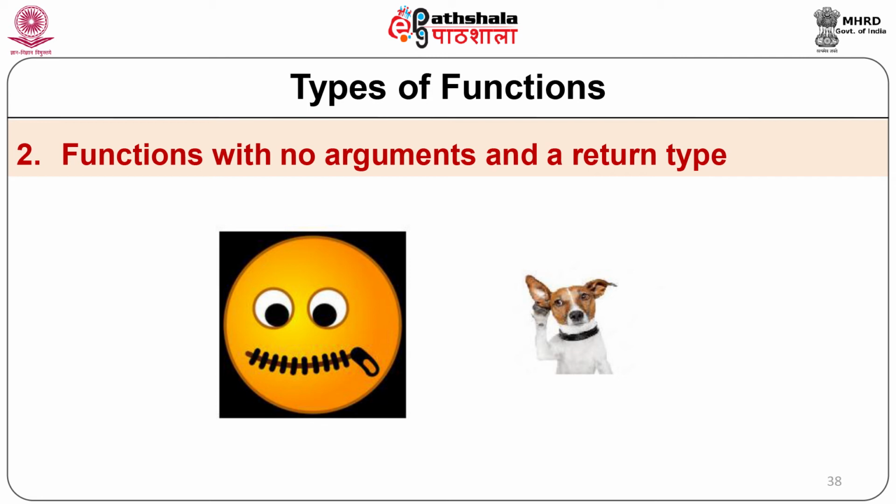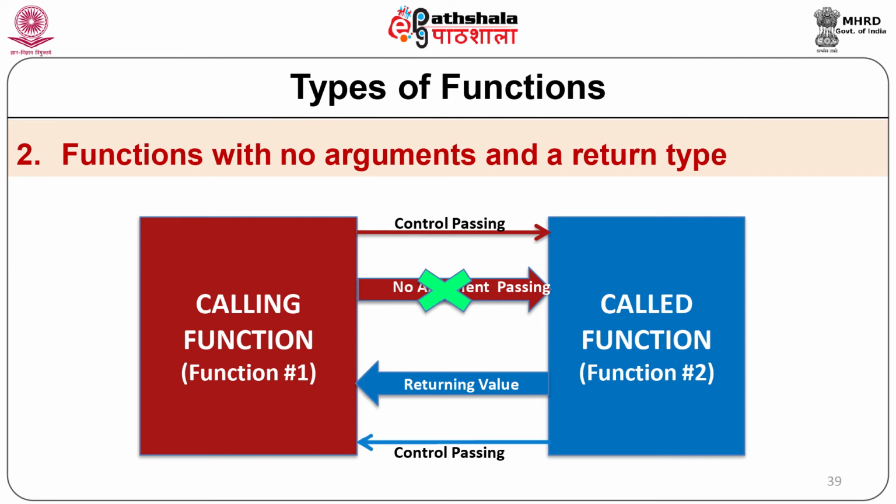You can see in these two pictures, your emoji is not saying anything, still the dog is responding. It means function with no argument but has a return value from the called function. You can see the calling function passes control to the called function.